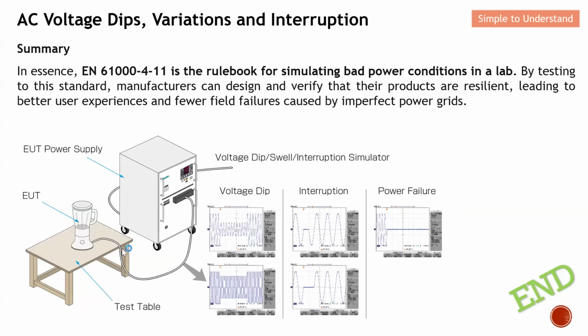There may be some voltage dip, the voltage value may vary, and sometimes when there is a switch over, we have a very quick short interruption. We need to ensure that our DUT can still function normally.